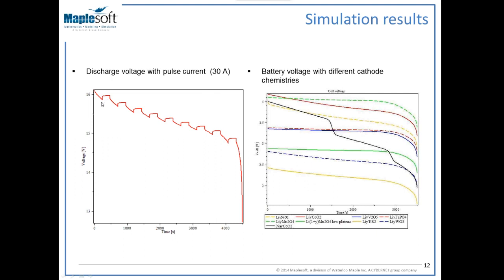And this type of model also simulates the transient from one voltage value to another voltage value very well. And the plot on the right hand side shows the voltage curve for lithium-ion battery versus different types of cathode material. So we can see the voltage curve for lithium cobalt oxide, lithium manganese oxide, lithium iron phosphate, and other materials as well.